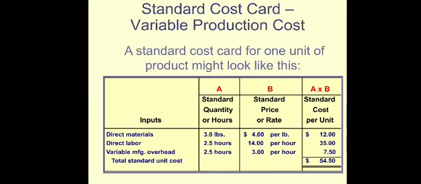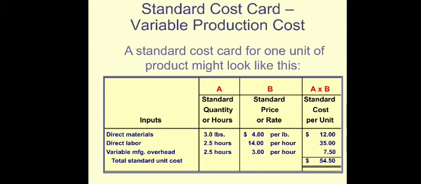Okay, this is the standard cost card. When you set a standard cost for your product, the typical practice is you will record the standard cost in a document called a standard cost card.